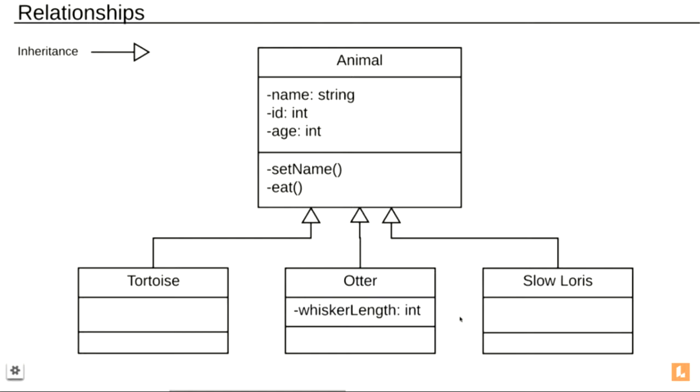Like this, it can have a separate attribute of its own, whisker length, right? That is private, and this whisker length will not be known to either the parent class or the others. This is an explicit or special property of this lion class only. Got it? So this was your inheritance relationship, the first one.